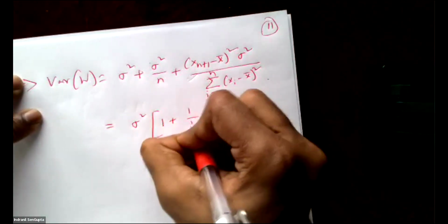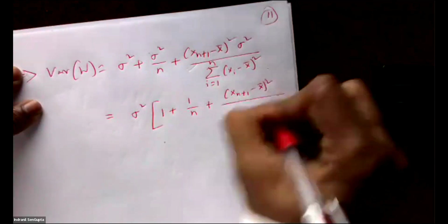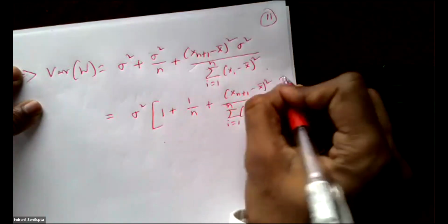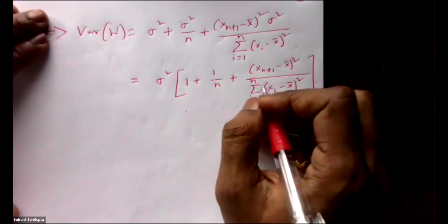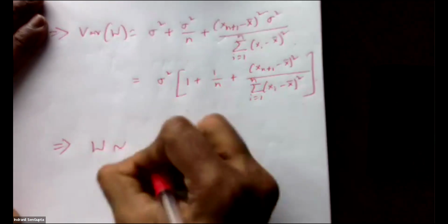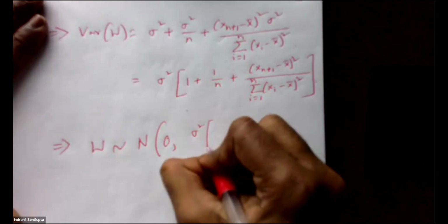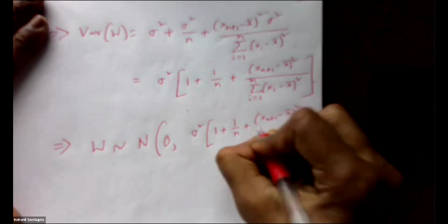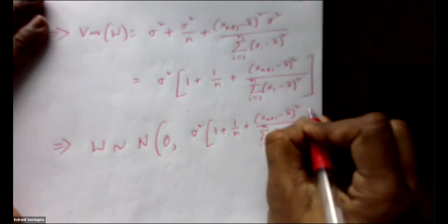So if I compute this, it's sigma squared times 1 plus 1 over n plus xn plus 1 minus x bar squared over the summation i from 1 to n of xi minus x bar squared. So W is not only normal, it has mean 0, and variance is this thing.